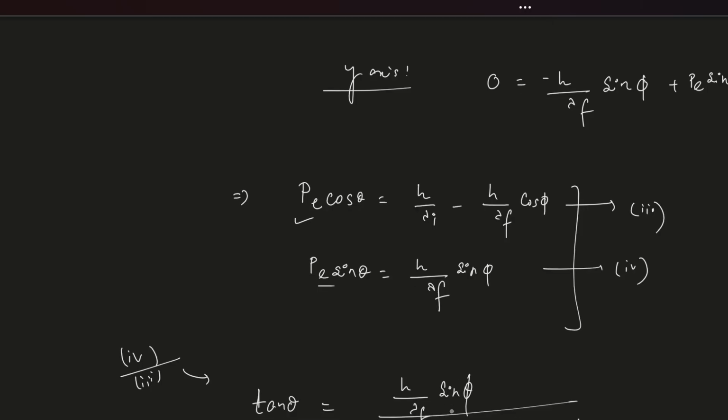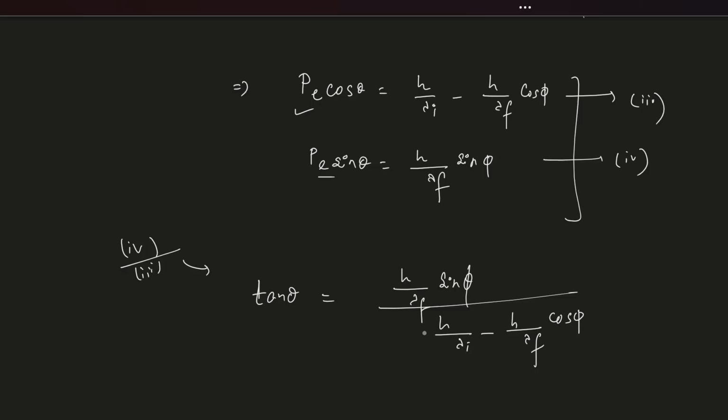Sorry, this is not theta, this is phi. So you take h by lambda f below, so this is sin phi divided by h by lambda f, which is basically lambda f by lambda i minus, this cancels out, only cos phi.